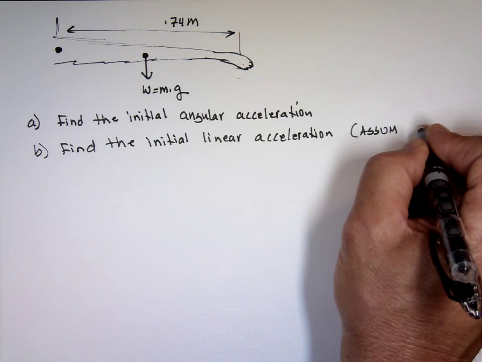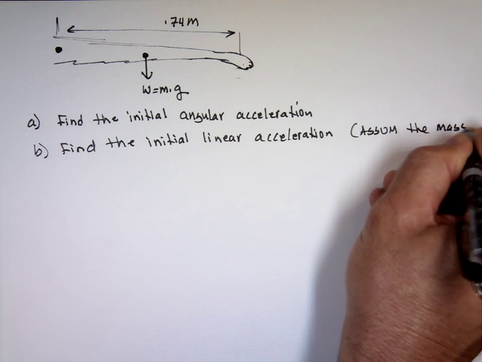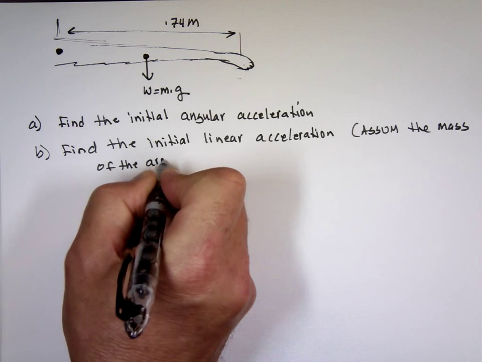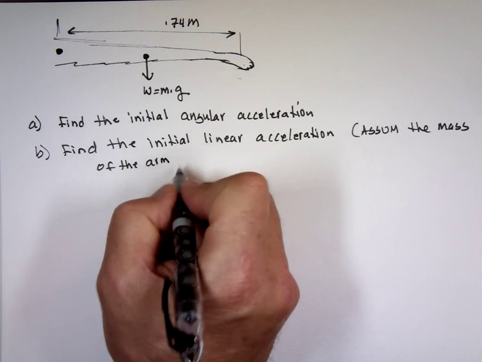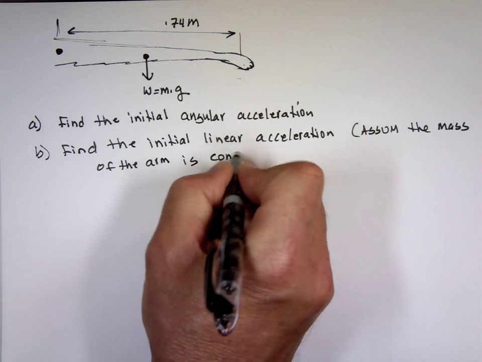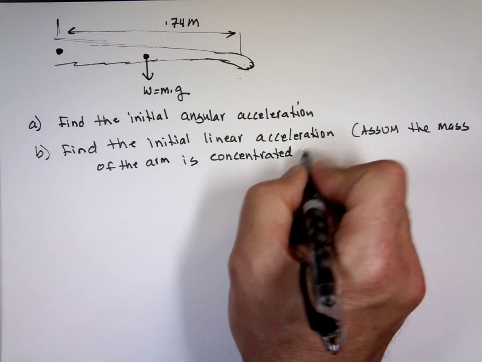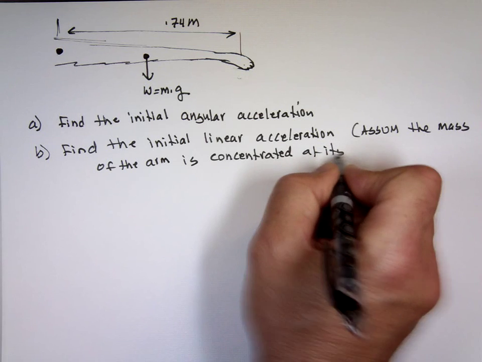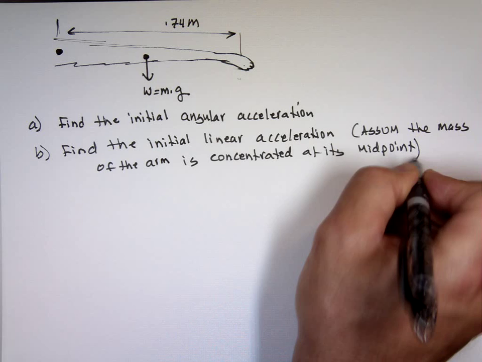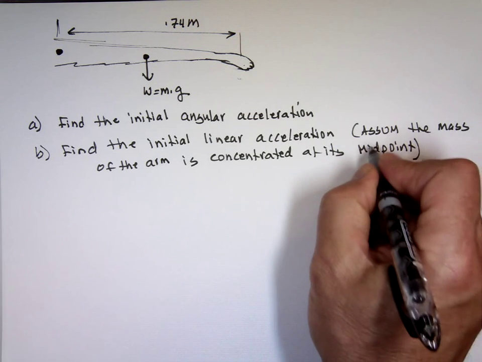The mass of the arm is concentrated at its midpoint. We know the arm is not uniform, but otherwise we have to know where. For this problem, assume it's at the midpoint.